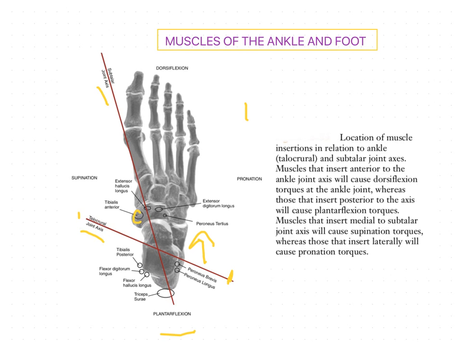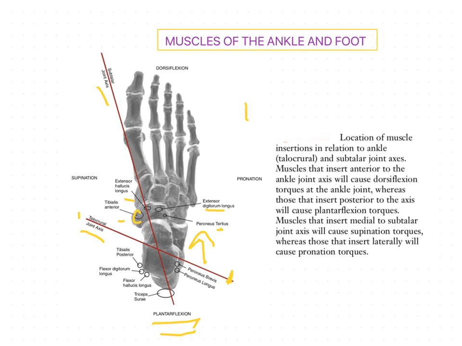The main muscles anterior to this axis are tibialis anterior, extensor digitorum longus, peroneus tertius, and extensor hallucis longus. These muscles help in dorsiflexion, and the muscles which are inserted posterior to this joint axis help in plantar flexion.